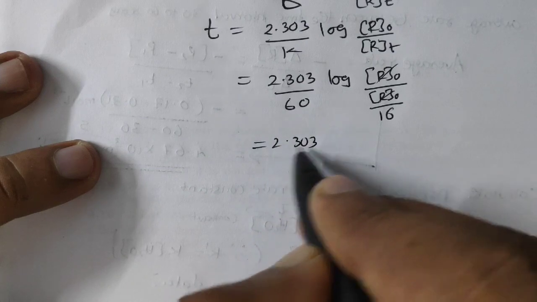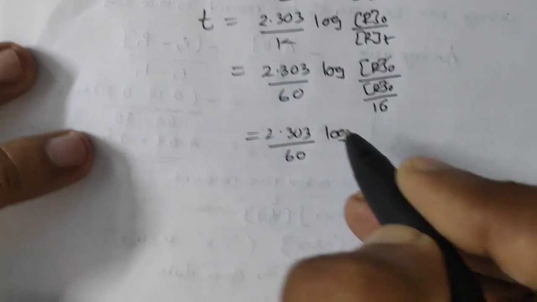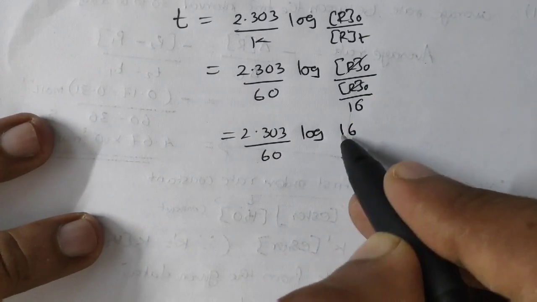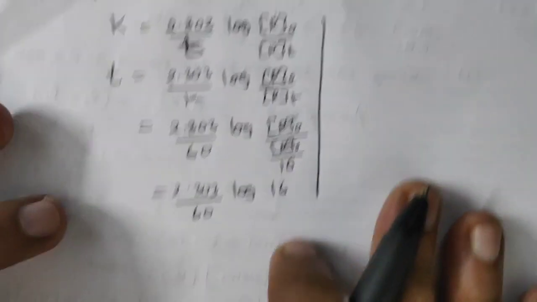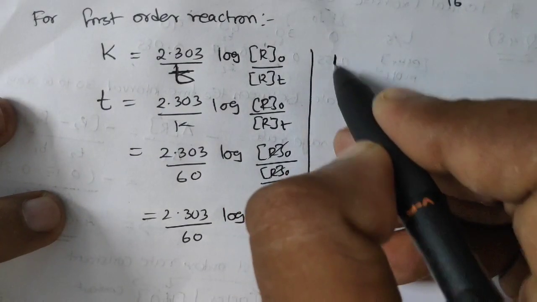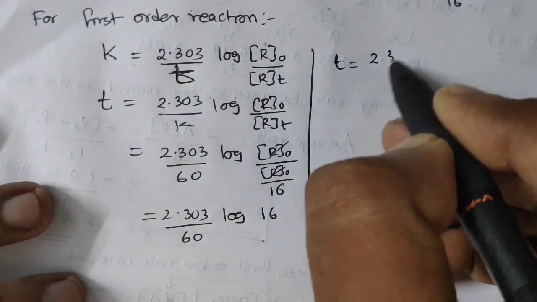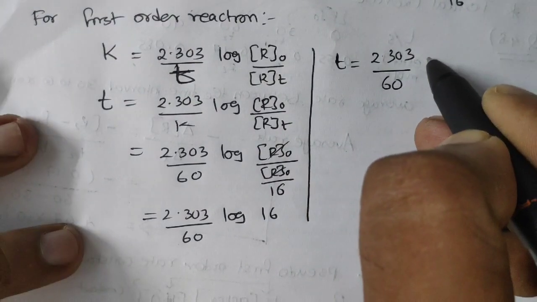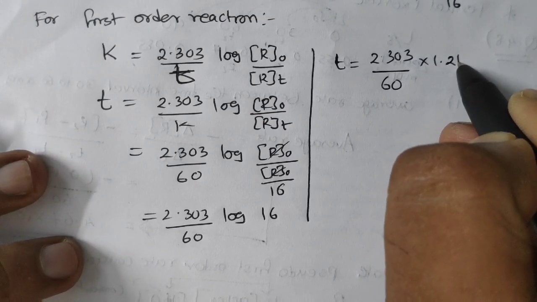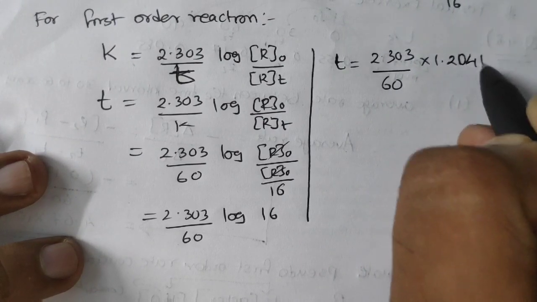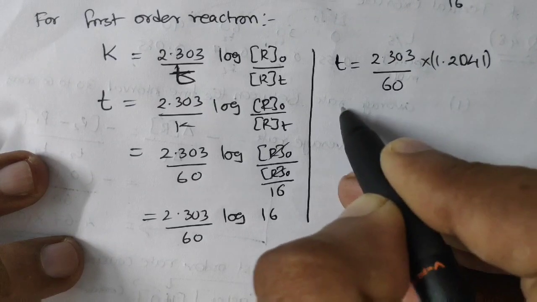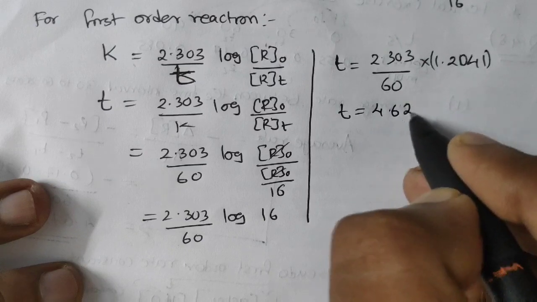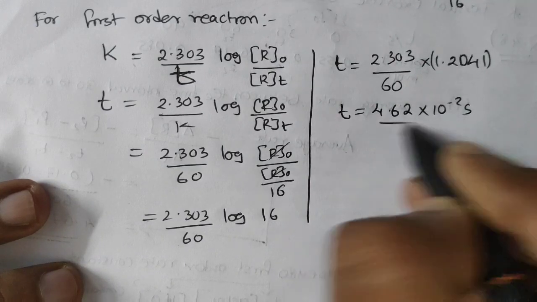So it is 2.303 by 60 log 16. Log 16 is 1.204, and if you simplify this, you will get T equal to 4.62 into 10 raised to minus 2 seconds.